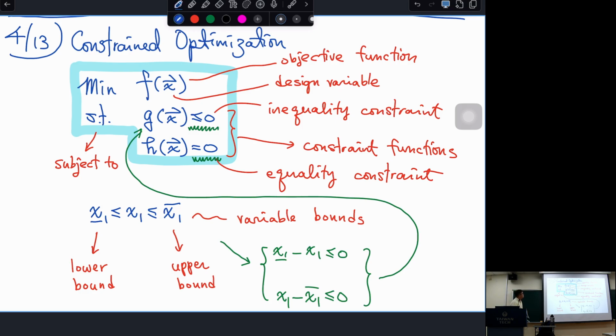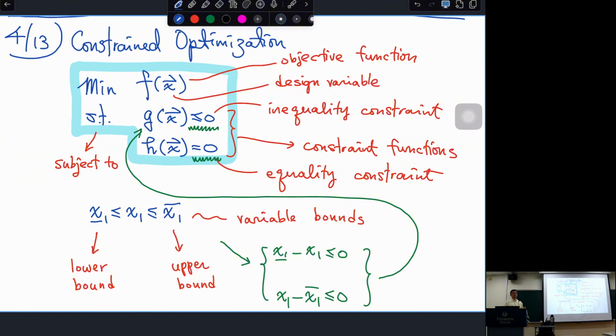So in order to solve constraint optimization, you need different ways to solve it. Earlier, we talked about Newton's method, conjugate gradient, steepest descent. They are gradient-based approaches. They cannot handle constraints. In the solution process, we never talk about constraints because those methods didn't have the ability to handle constraints.